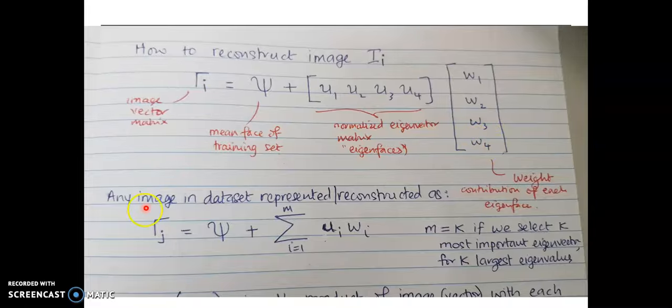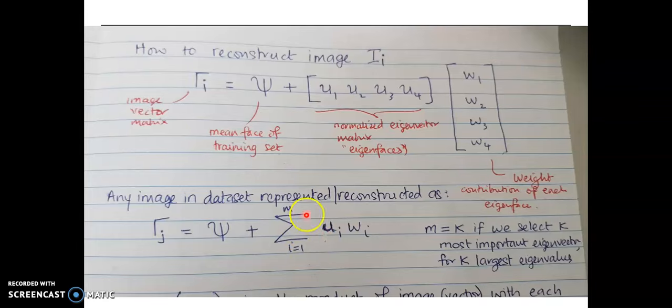So any image in the data set can be reconstructed as the mean face image plus the sum of the weights times the eigenvectors or eigenfaces present.